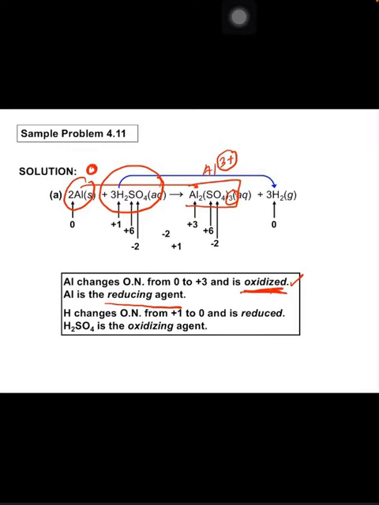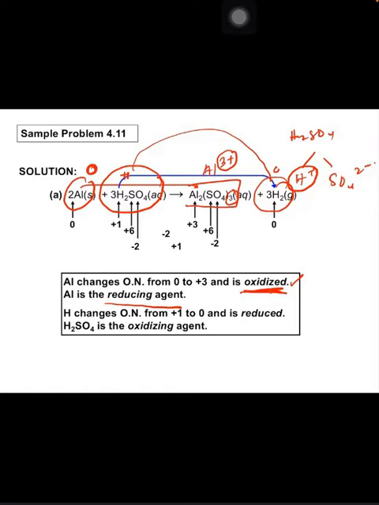And kita boleh confirmkan. Kita tengok kat sini, paling senang kita tengok H2SO4 ni, dia sebenarnya pecah into ion, dia akan jadi H plus dan juga SO4 2 minus, right? So kita tengok kat sini. Hydrogen asalnya H plus. So dia punya oxidation number kat dalam ni adalah plus 1. Tapi selepas, kita tengok selepas dia jadi apa? Dia jadi hydrogen gas. Yang mana hydrogen gas is neutral ataupun dia punya oxidation number adalah kosong.